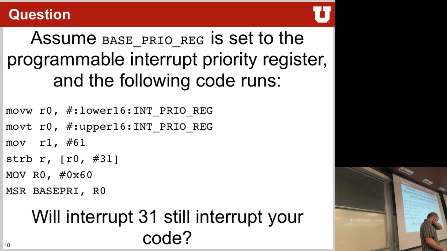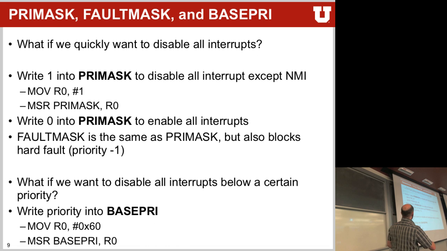Another question. What is the difference between fault mask and prime mask? That was on the last slide. Prime mask is to turn off all interrupts except interrupt priorities -1, -2, and -3. If you write a 1 into fault mask, you will also turn off the hard fault.